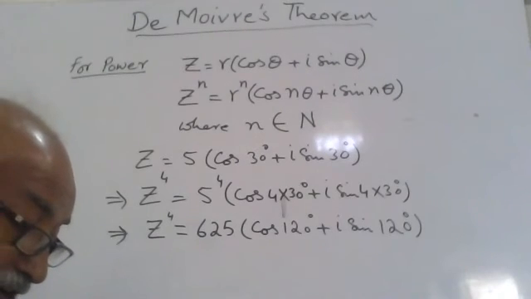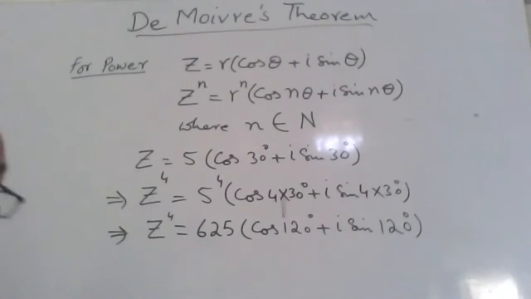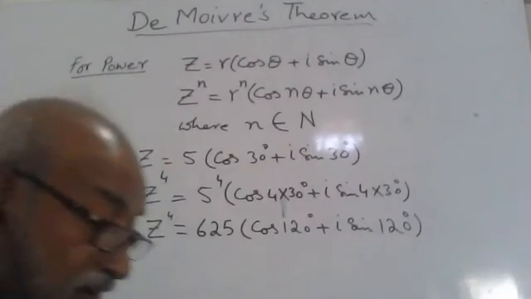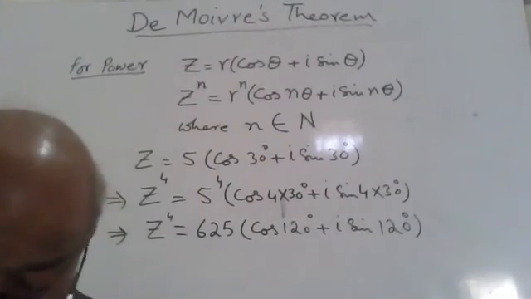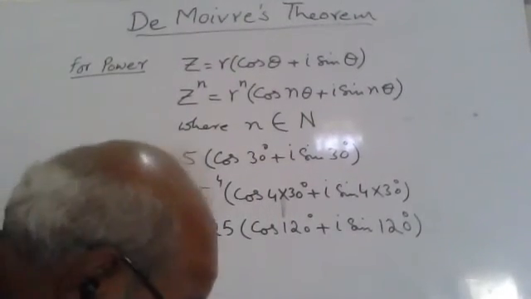Question number 1, exercise 11.5: 1 plus iota whole raised to power 5.